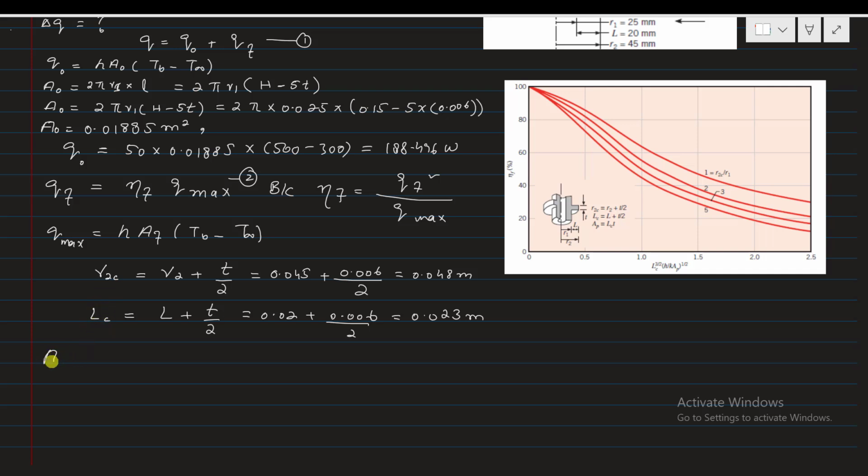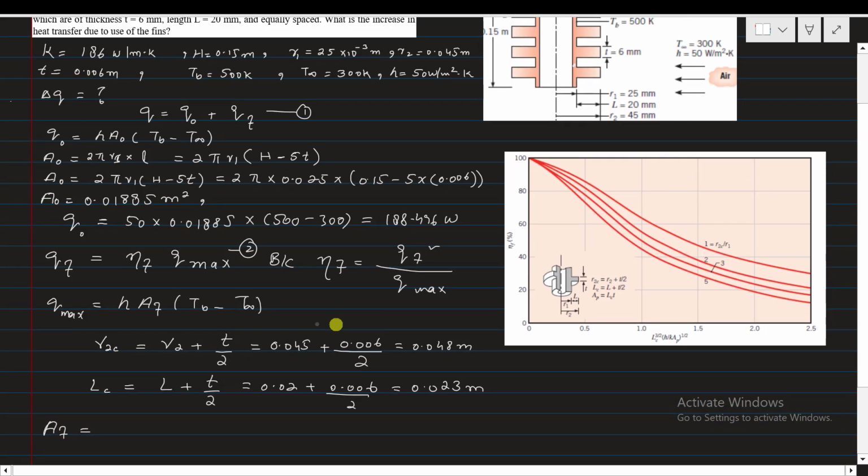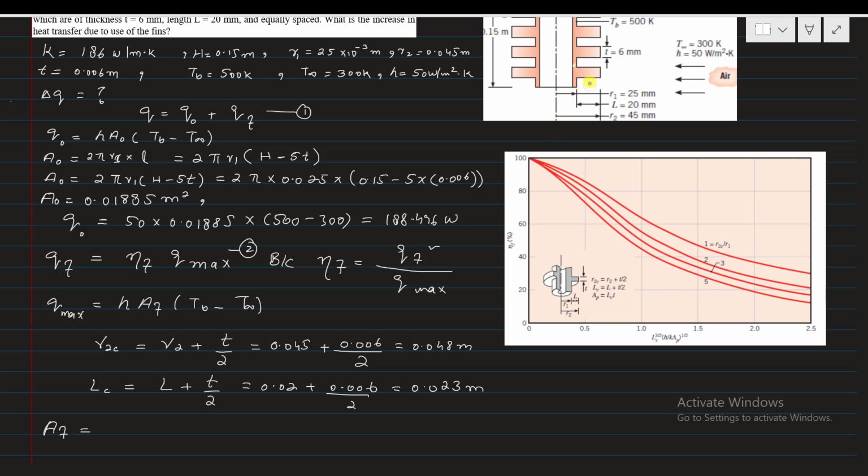Now the surface area of the fin is equal to, here two surface areas of the fin. One is at the lower side and another is at the top side. So every fin has two surface areas. So I can write here 2 pi, R2C square minus r1 square. R2C is the corrected radius, the outer surface of the extended surface, that is fin.